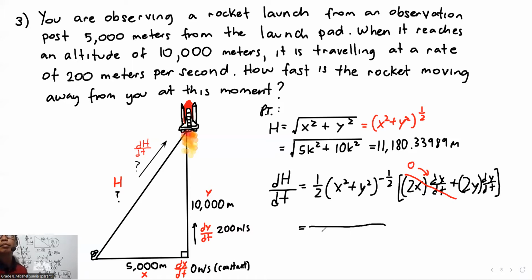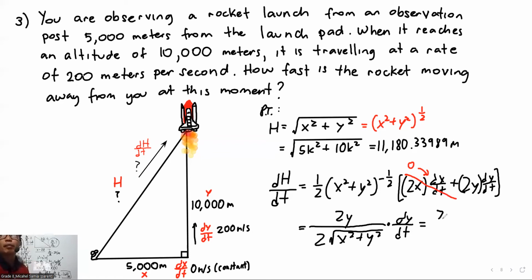In the denominator, 2y, and then we can substitute. Josh, you forgot the rate of change of y, dy/dt. 2y multiplied by dy/dt.